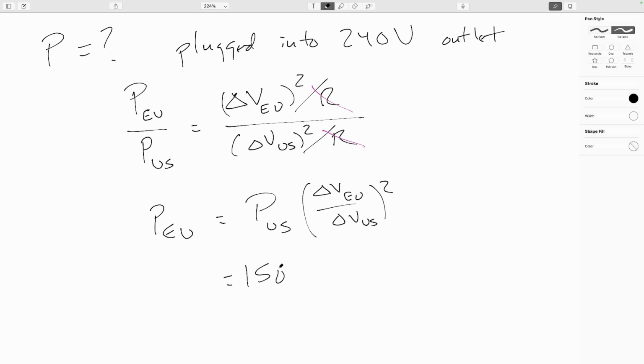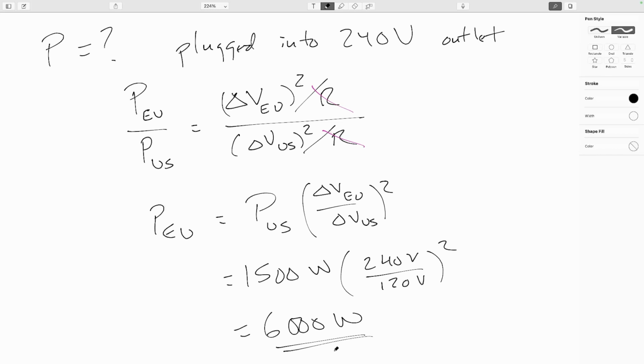So this will be 1500 watts times 240 volts over 120 volts, squared. Well, 2 squared is 4. If you forget to throw that switch, your 1500 watt hairdryer promptly becomes a 6000 watt hairdryer, and that's why the thing melted down.